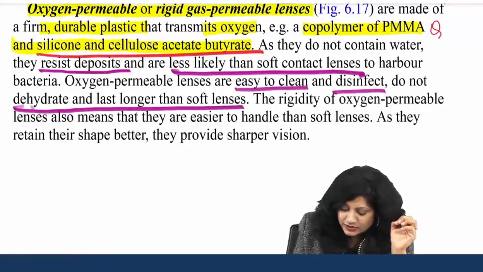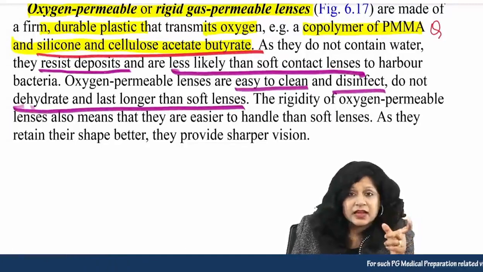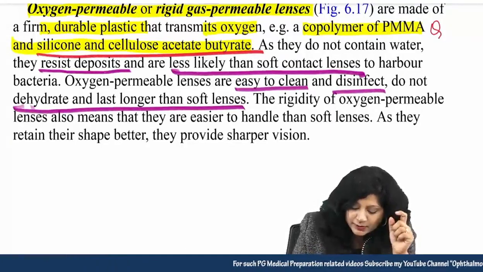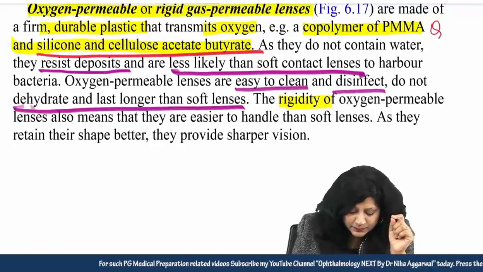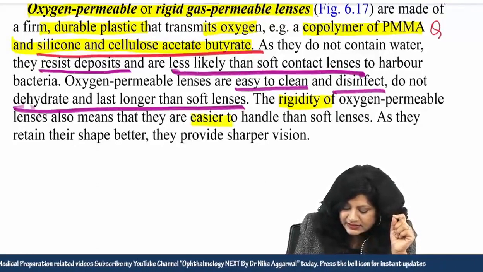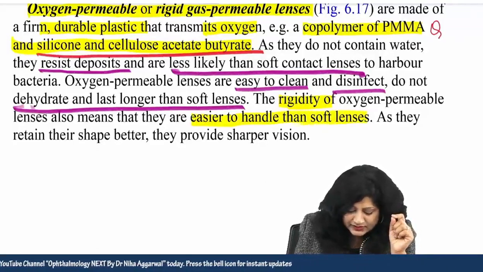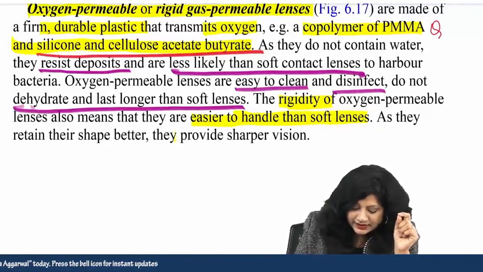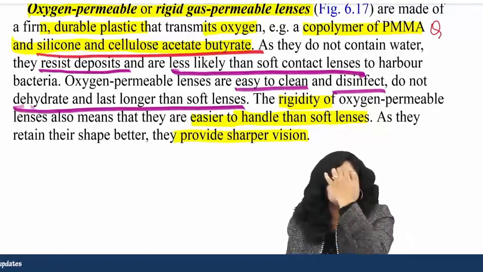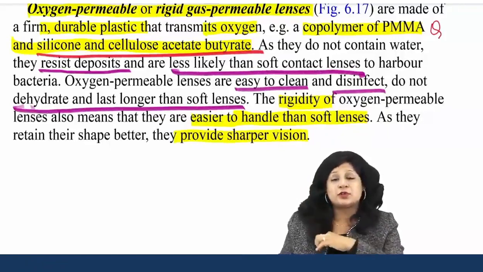Now they are semi-rigid. Okay, so the rigidity of oxygen permeable lenses also means that they are easier to handle than the soft contact lenses, and because they are retaining their shape, they are also providing sharper vision.